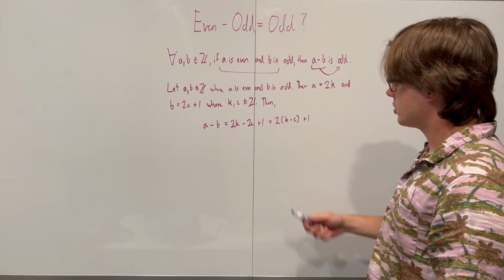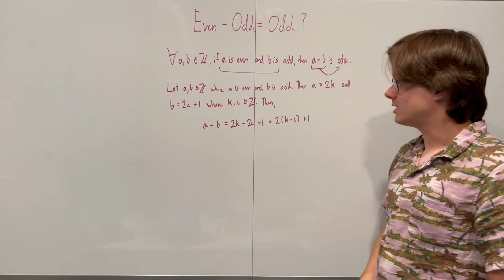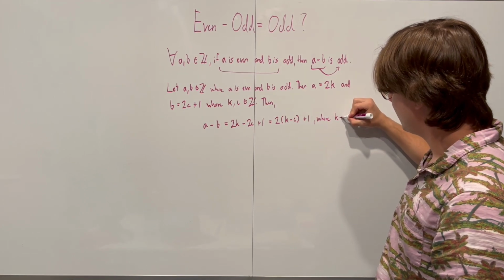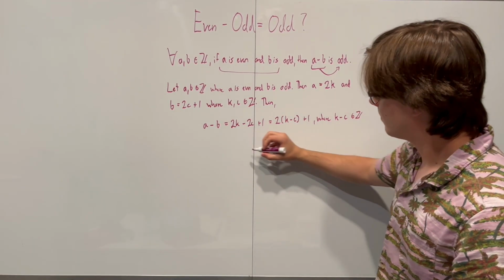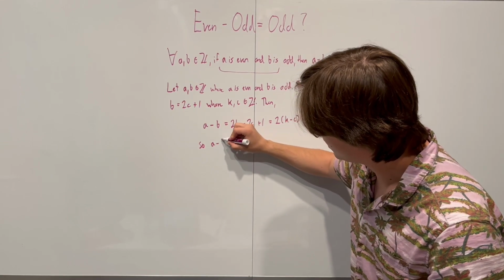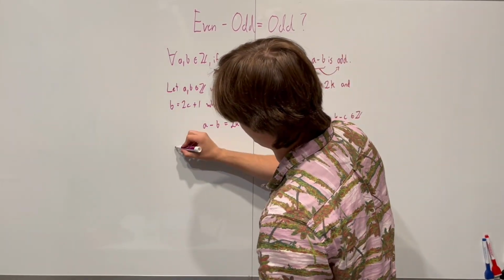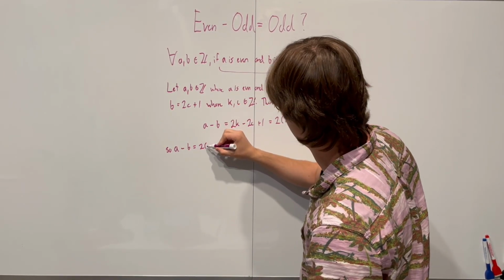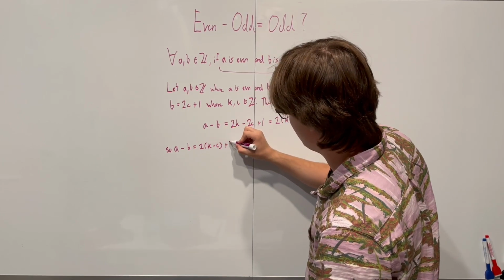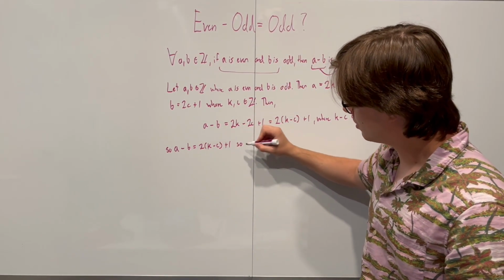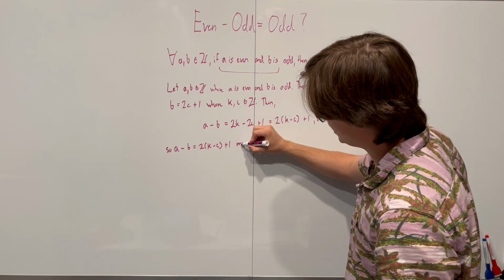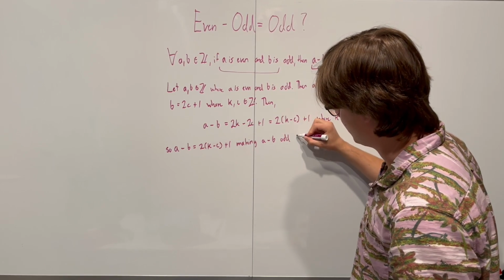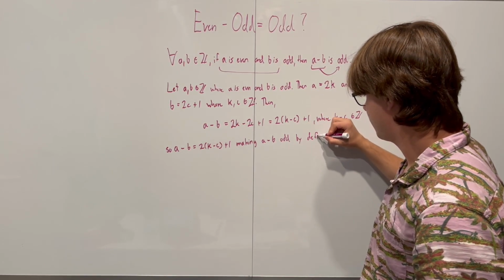You just have to now acknowledge that the difference between any integers is still going to be an integer. So you can then say where k minus c is an integer, so A minus B equals 2 times (k minus c) plus 1, making A minus B odd by definition.